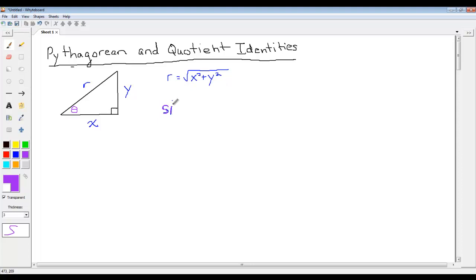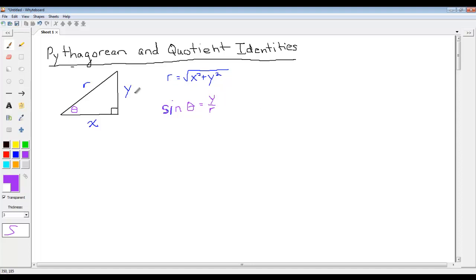Now when we talked about sine of theta equaling y over r, opposite over hypotenuse, there are some things to consider here. The r, being the hypotenuse, is the longest side of that right triangle. So the y is smaller than the r.